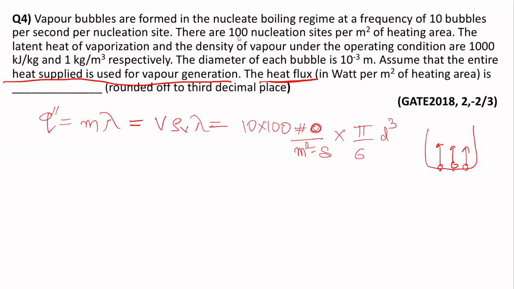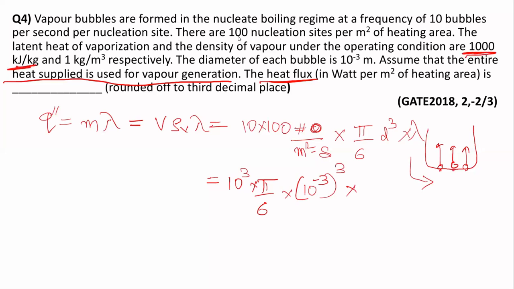Correct? Then you just multiply it with lambda, and you need to match up the units. So this will be 10 to the power 3 times pi over 6 into 10 raised to the power minus 3 cube, into lambda, which is given to be 1000 kilojoule per kg.